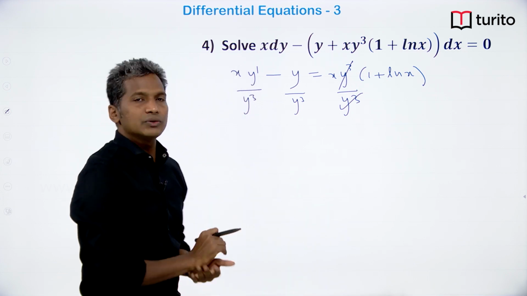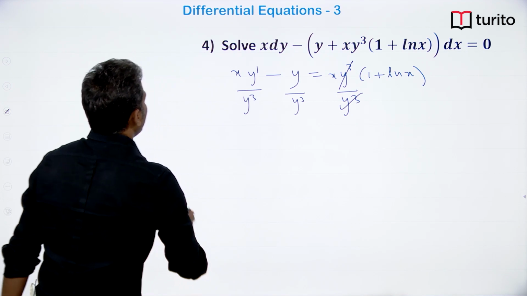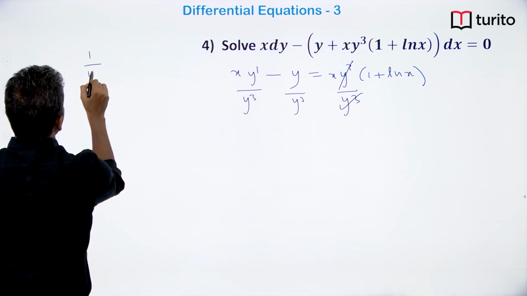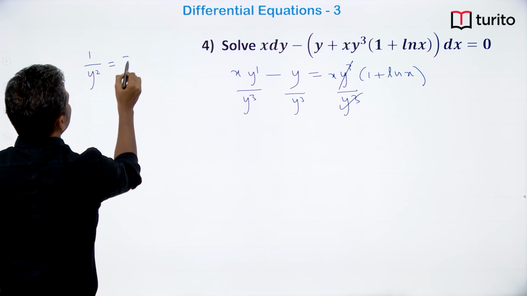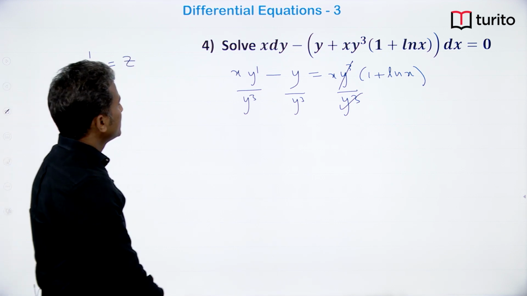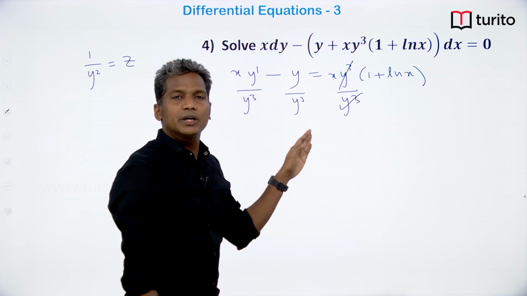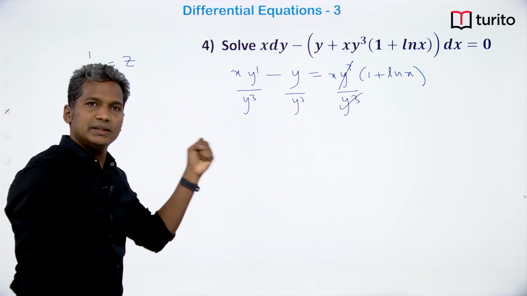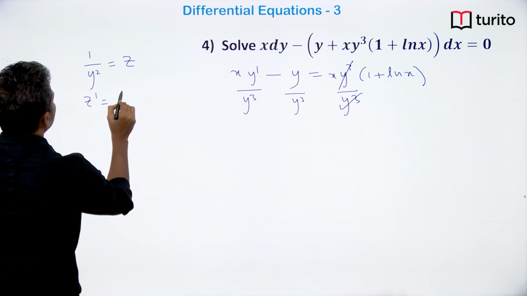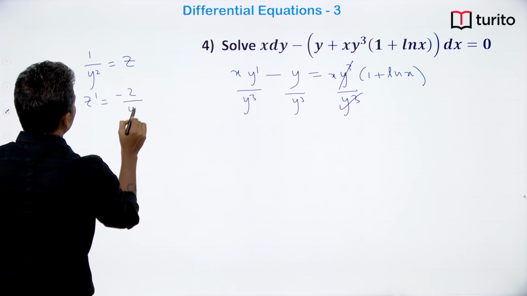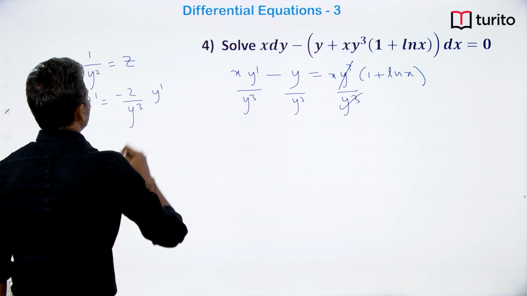Now, what are the substitutions that we got to use? We have to use 1 by y square as our new substitution, new variable. Let us take it as z. So, here 1 by y square term comes. So, we are taking that as the z. Then z dash will become minus 2 by y cube into y dash.